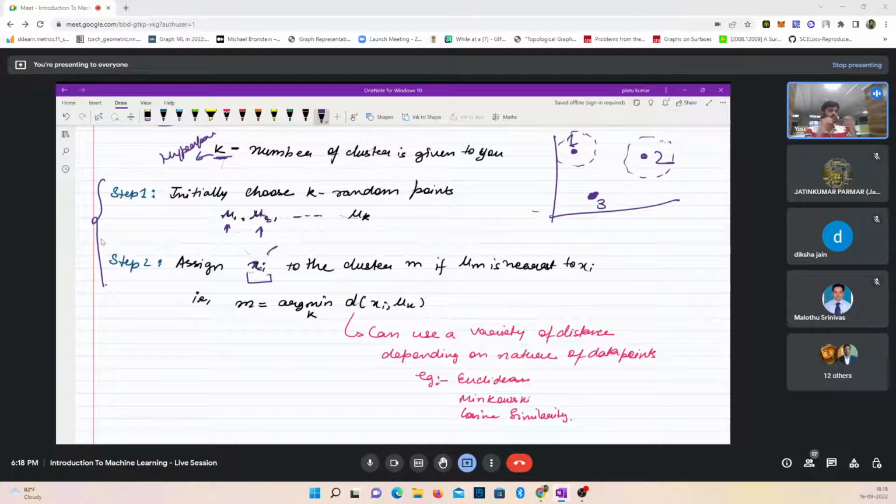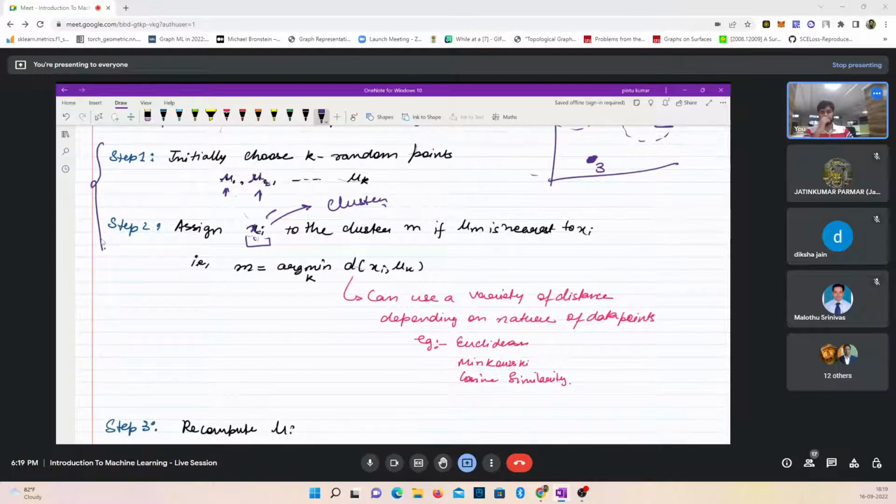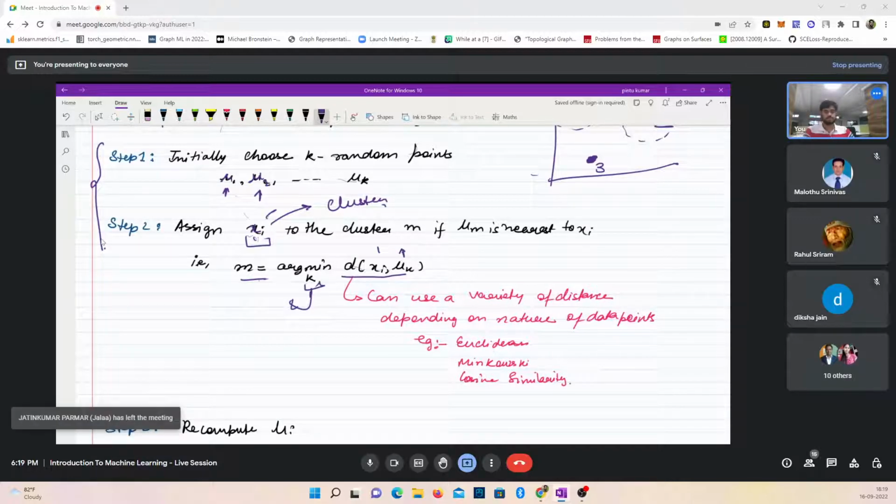Then you pick the k which has the minimum distance from xi, and you assign xi to that specific cluster. So you want to find the minimum distance between xi and mu k, and pick the k which had this minimum distance.